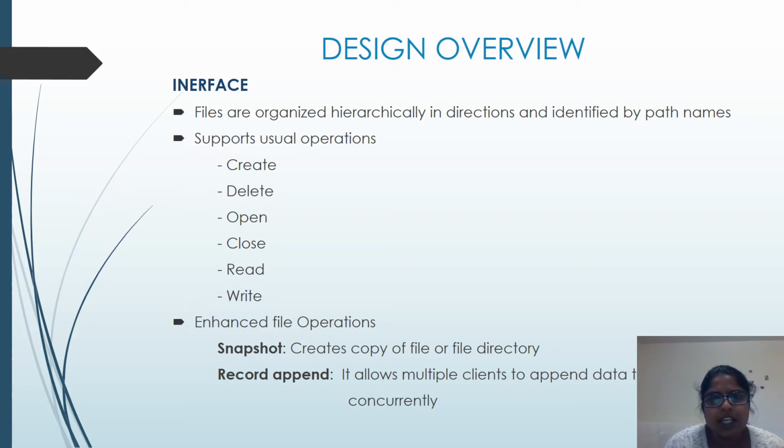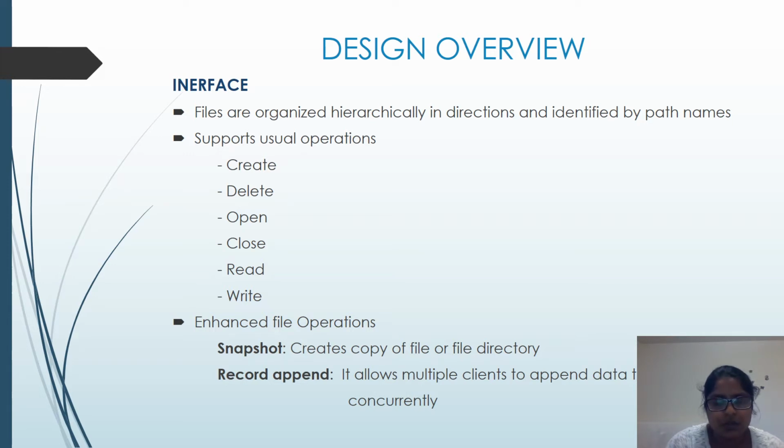Files are organized hierarchically in directories and identified by path names. Google File System supports the usual file operations, especially creating, deleting, opening, closing, reading and writing. It also provides two extra operations here: snapshot and record append.